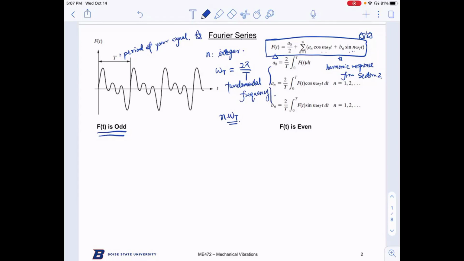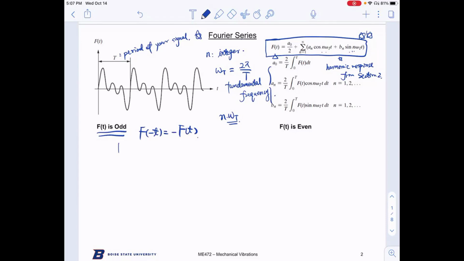Well, let me use a math equation to describe that. If your function is odd, that means f(-t) equals -f(t). So that's the definition of an odd function.